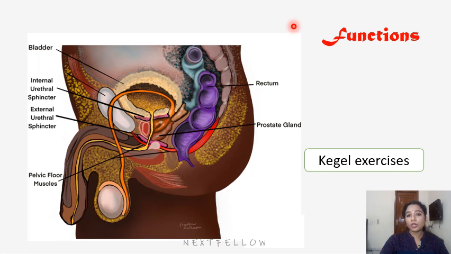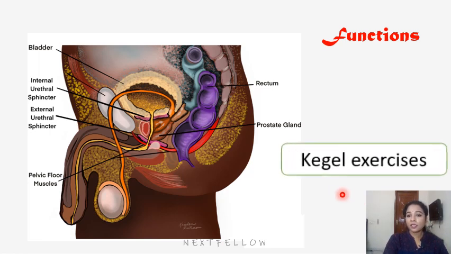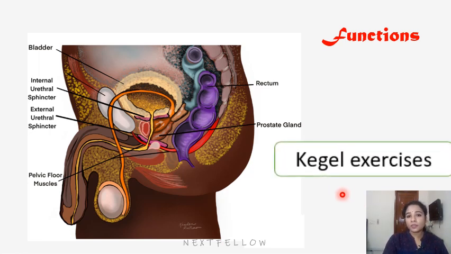It leads to prolapse of pelvic viscera and incontinence. Vaginal prolapse and uterine prolapse may occur, and rectal prolapse in those women who have weaker pelvic floor muscles. Pelvic floor muscles can be strengthened with Kegel's exercise. This Kegel's exercise will strengthen the pelvic floor muscles.